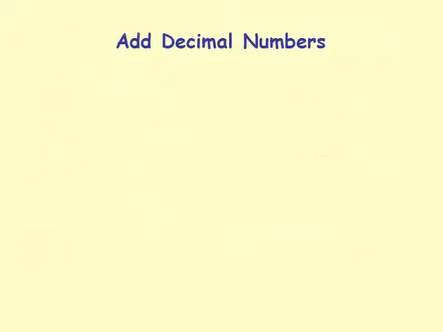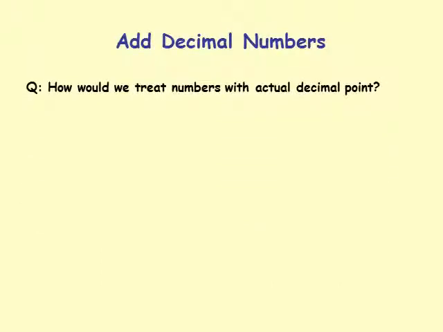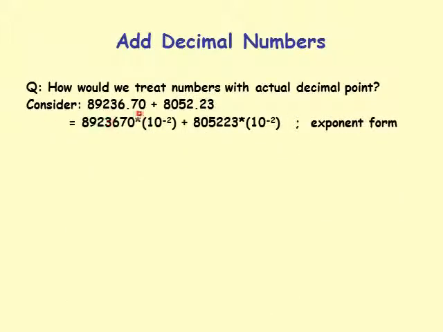So now we'll talk about adding decimal numbers. How would we treat a number with an actual decimal point? Let's add these numbers together. Consider 89236.70 plus 8052.23. Here, 89236.70 is equal to 8923670 times 10 to the negative 2 power.